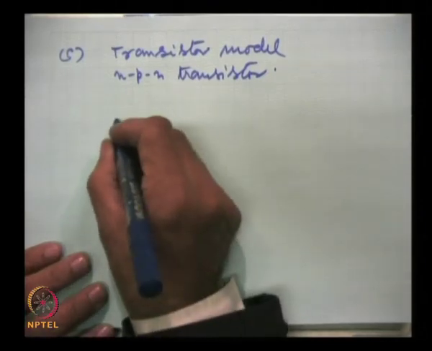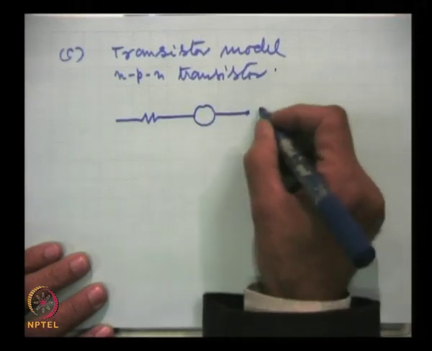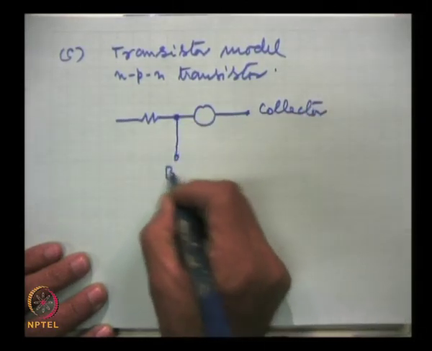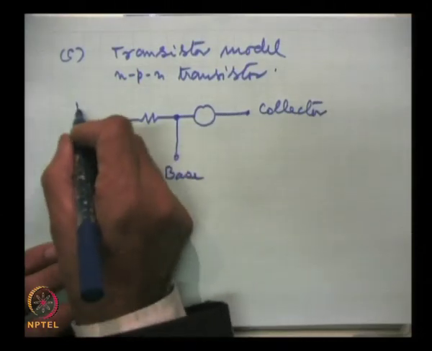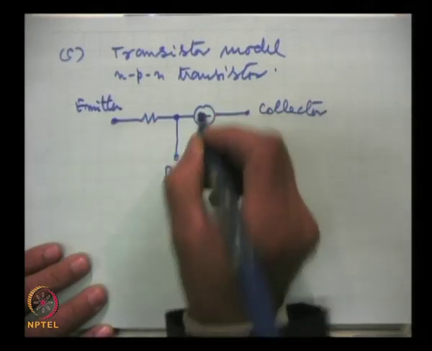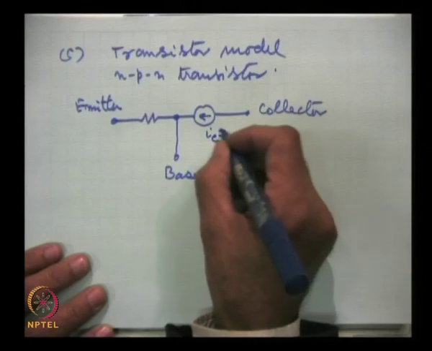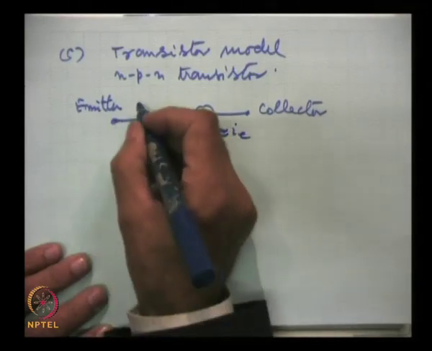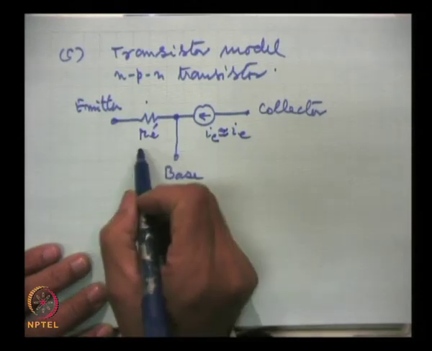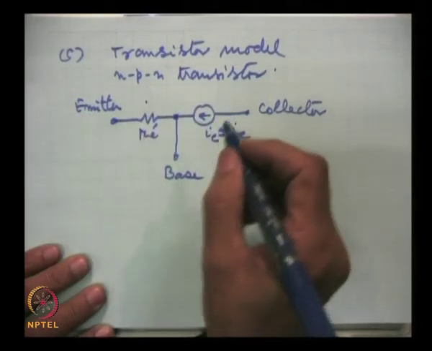So, here this is collector, this is base, and this is emitter, and this is the current source which is I C and this is equal to very close to I e, and this resistance is the R e prime, the emitter dynamic resistance which we were just talking about, and this will be the direction of current.